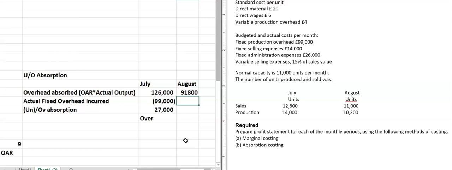Then you have actual fixed overhead incurred, that is the same 99,000. If you just get the sum of it, you get 7,200.